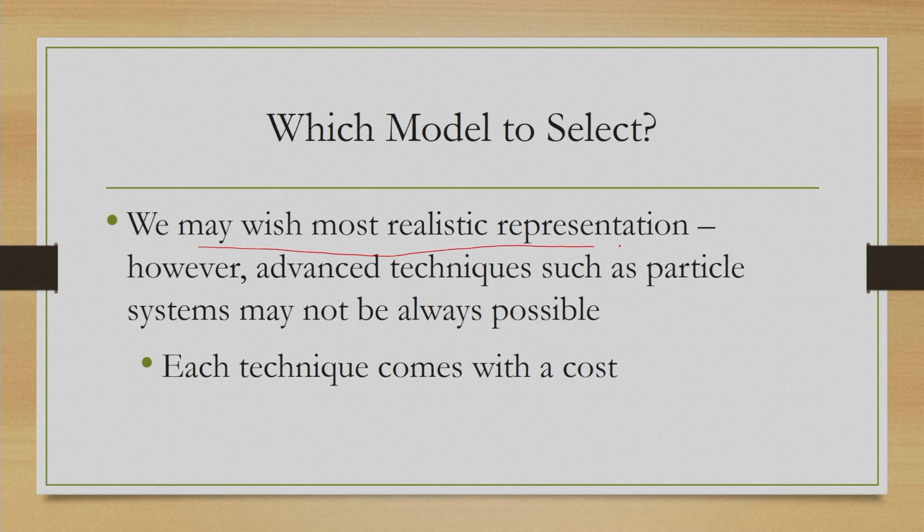Now, we may wish to have the most realistic representation. Clearly, advanced techniques would be useful, but advanced techniques such as particle systems may not always be possible because they require lots of computational resources which may not be available in all graphic systems. So, each technique comes with a cost and there is a trade off, which technique to use in which situation.